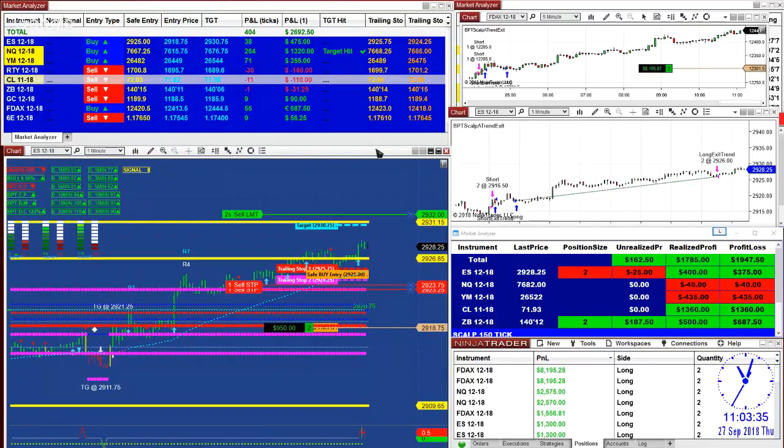Also, we had a signal on the Russell, and I was surprised why it was short, when the ES, Nasdaq and Dow Jones are long. That short signal on the Russell didn't work, and the CL, we're actually still struggling on that trade. Why?